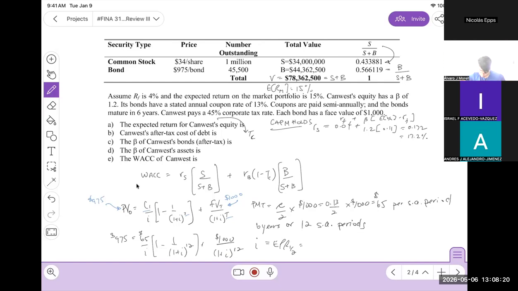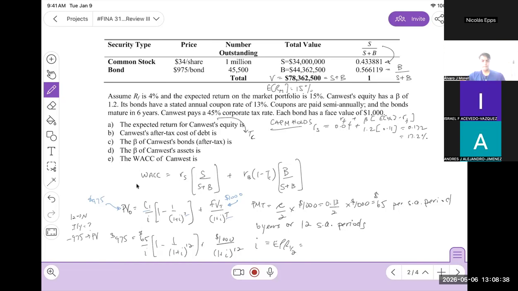So you're going to put N into N, which is 12. I is what we want. PV is negative 975, don't forget.